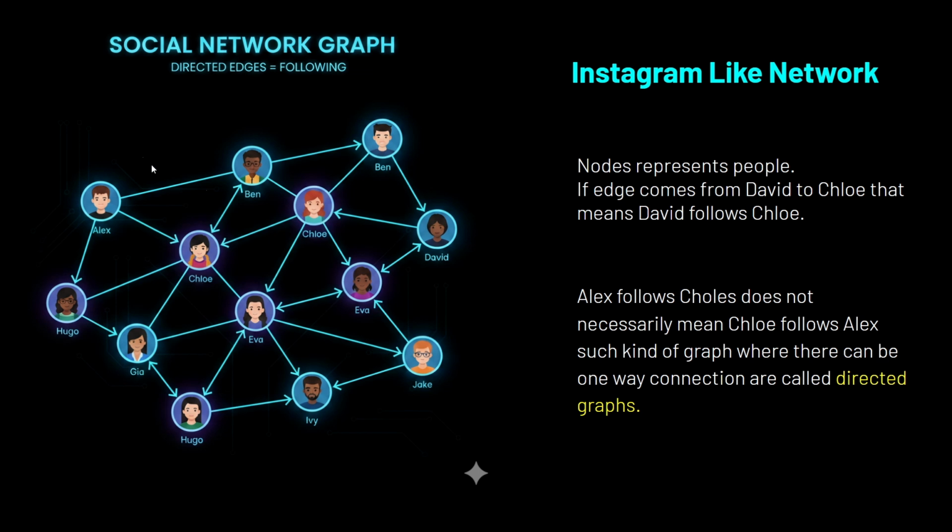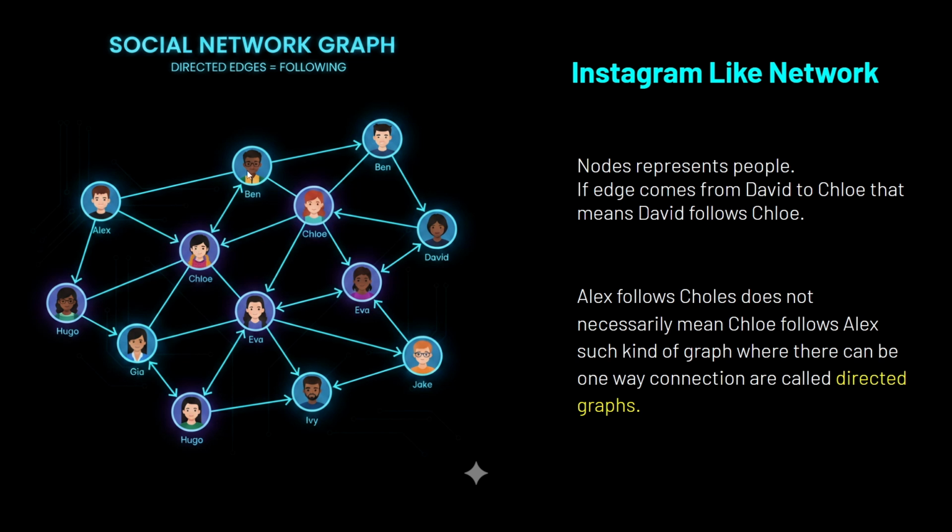For example, Alex follows Hugo and Alex also follows Chloe. So anytime Hugo or Chloe posts, Alex will see their post. But Hugo does not follow Alex and Chloe also does not follow Alex. So it's a one-way thing.